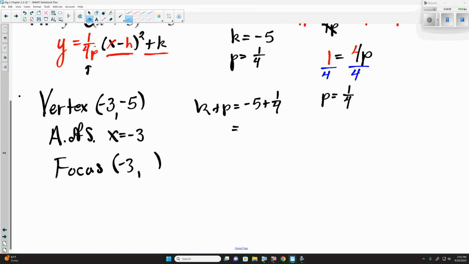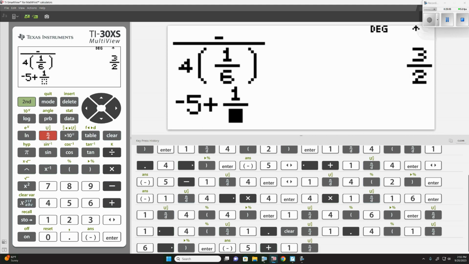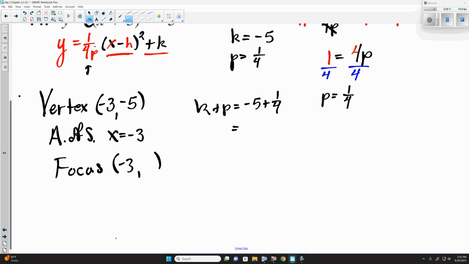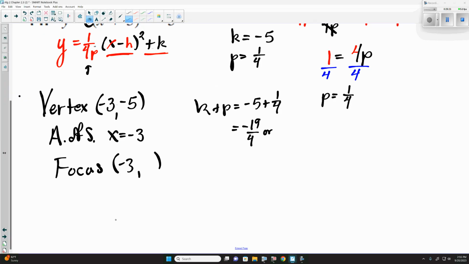Now I can't say this is just -5 and 1/4 because one of them's positive and the other's negative. So as a mixed number, it's -19/4. Or if we wanted this as a decimal number, that is negative 4.75. Or as a mixed number, it's negative 4 and 3/4.